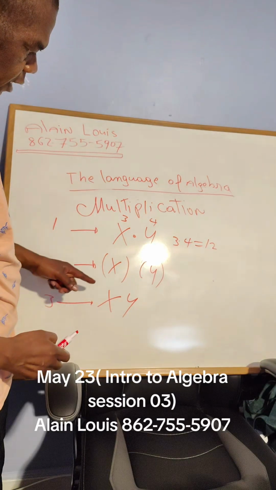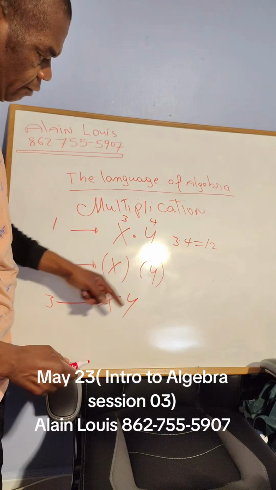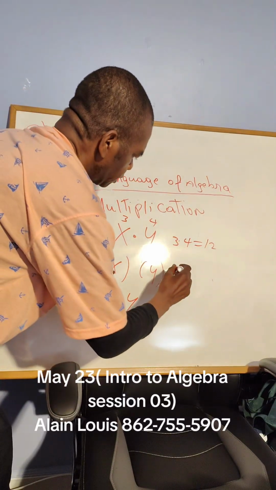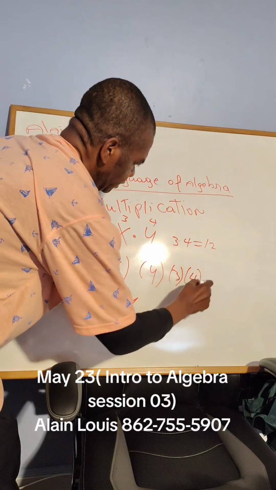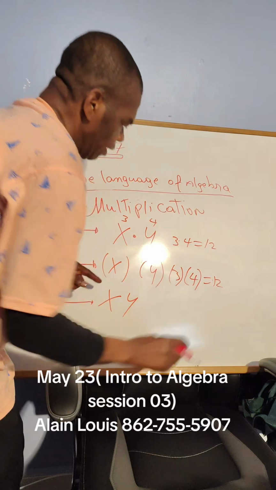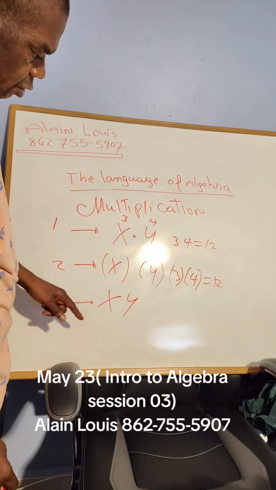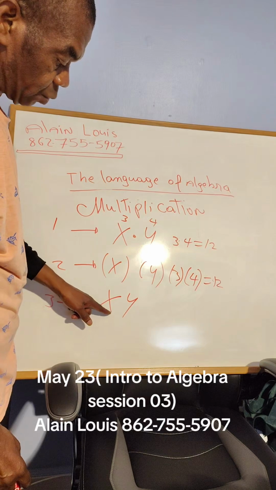Alright, folks? And the same thing for x parenthesis times y parenthesis. So if x equals 3, that is 3 in parenthesis times 4 in parenthesis, that's still equal to 12, right, folks? The parenthesis means multiplication still, or you can just lay them next to one another.